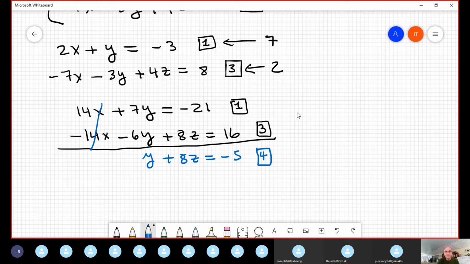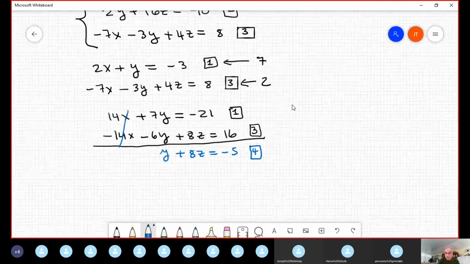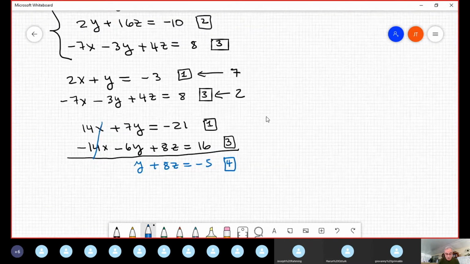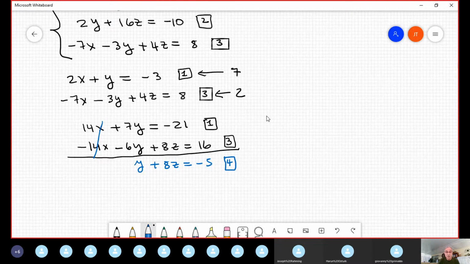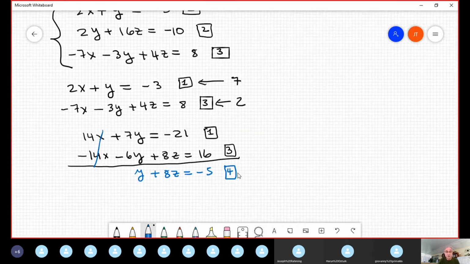Now we continue the same. I pair two equations. In my paper, I pair 4 and 2, because I take advantage that x is missing in this equation. So I just copy, nothing.